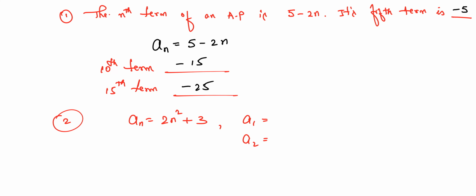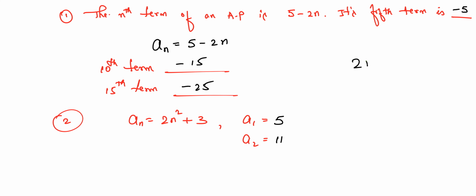What is the answer? What is A1? In place of n, substitute 1. A1 is 5. Very good. A2? 11. Very good. Isn't it?